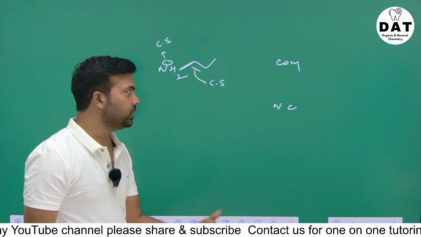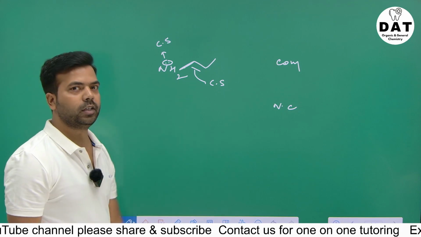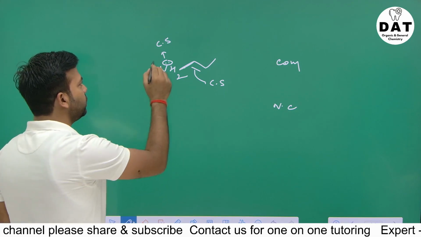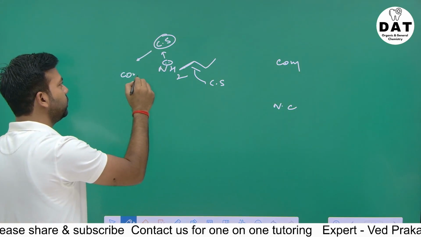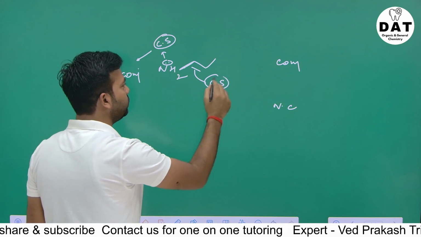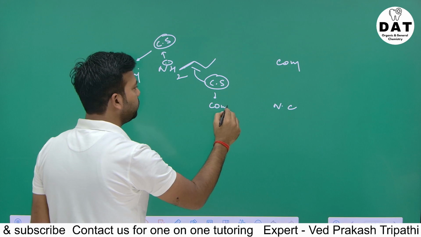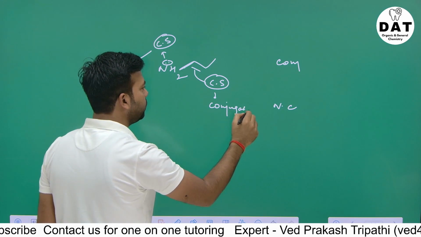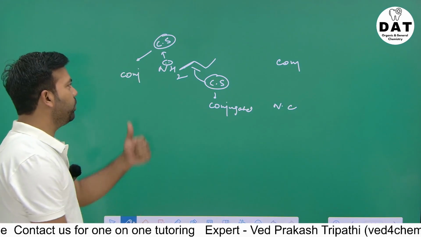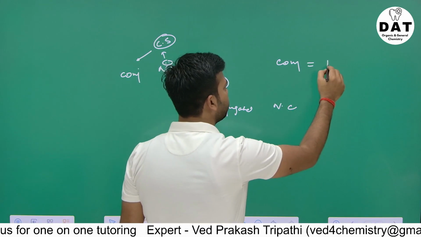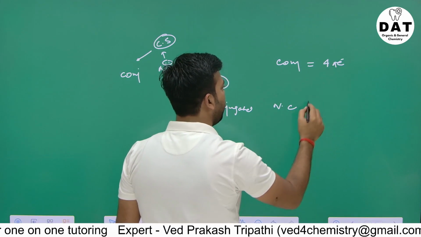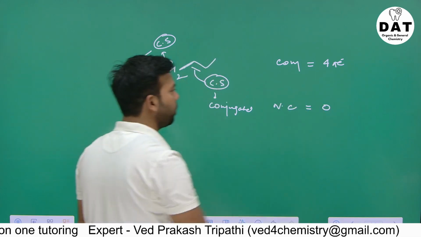So they are in conjugation, which means this is conjugated, and this one also conjugated. Lone pair gives 2 pi, double bond gives 2 pi. So overall conjugated is 4 pi and non-conjugated is 0.